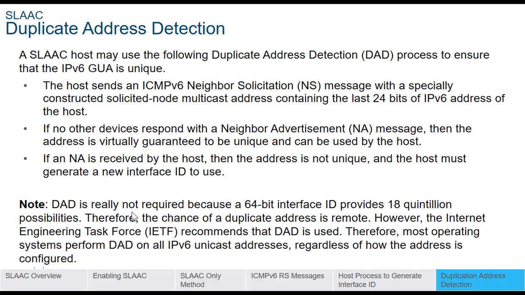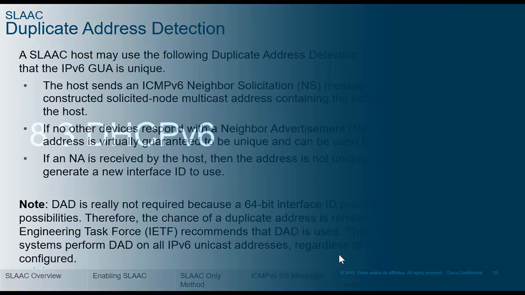So it's very unlikely that duplicates will be detected in any network, because the 64-bit interface ID provides a whole lot of possibilities, and you don't have that number of devices in a network. It's just not possible. So the chance of a duplicate address is very remote. However, IETF recommends that DAD be used.